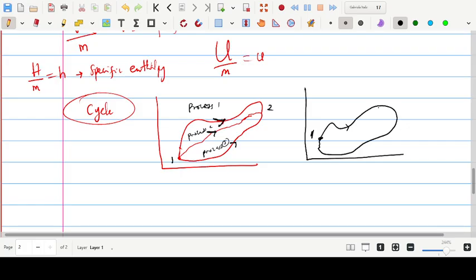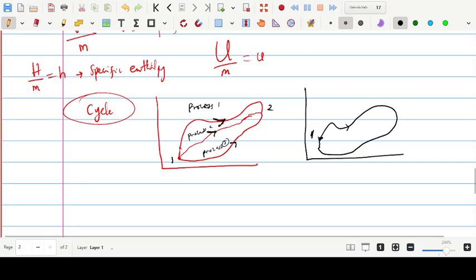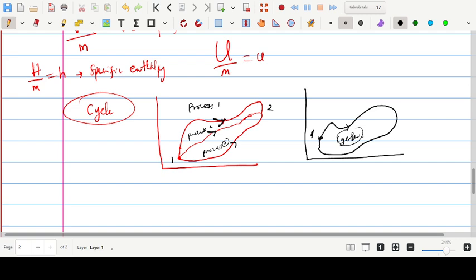You go around and still come back to the same point. Then that is what we call a cycle. Again, your starting point is your end point, or your initial state is your final state.